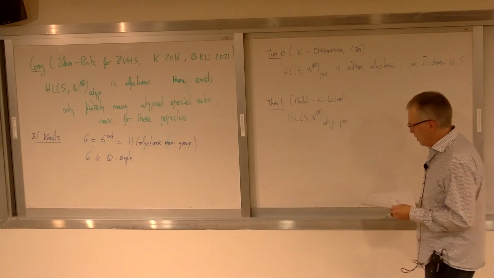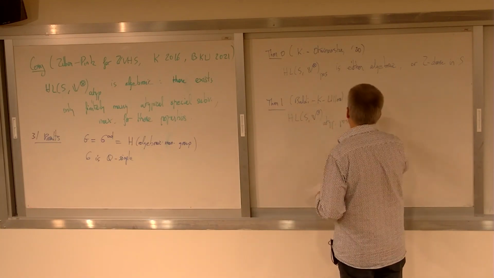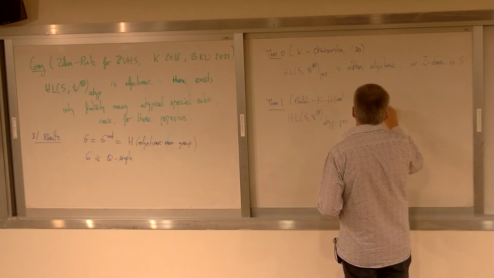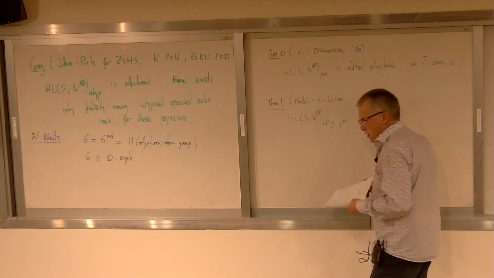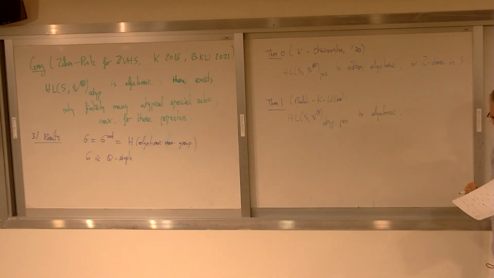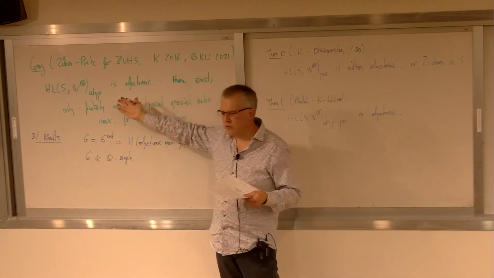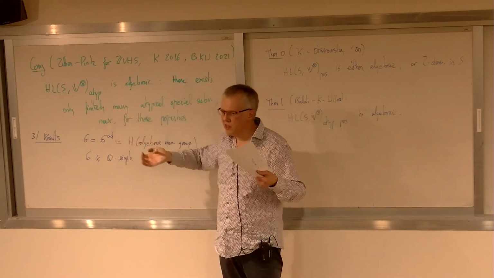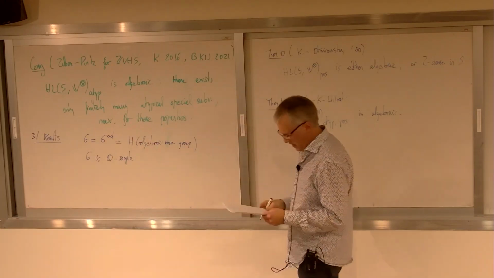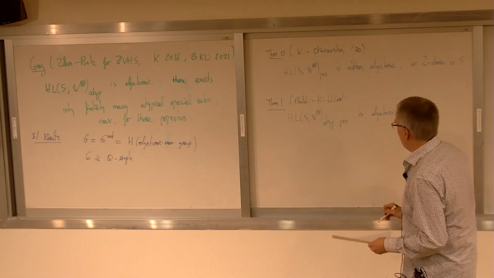And then we get the result: it is algebraic. Always. So this is the first result. So if you want, this is the geometric version of Zilber-Pink. What we don't have is what happens for the points. We could have a lot of atypical points that we cannot exclude yet.